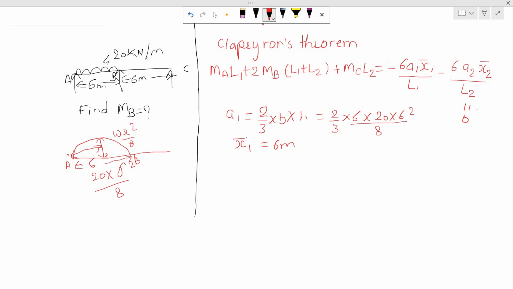So here is MA L1, moment at A. As it is simply supported at A, MA would be 0, so this would be 0 plus 2 MB, we need to calculate it. Now L1 plus L2.